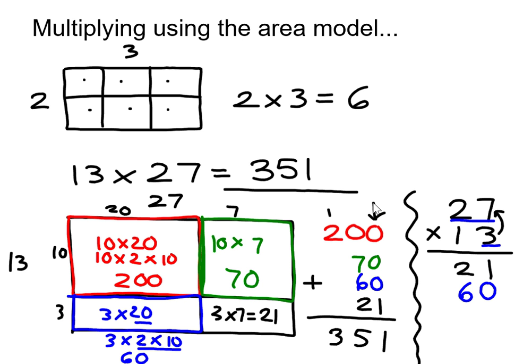And then after, we're going to take this. This is 10, right? 10 times 7 is 70. And the last one in red is 10 times 20, which is 200. And then you need to add them up. We get the same answer.